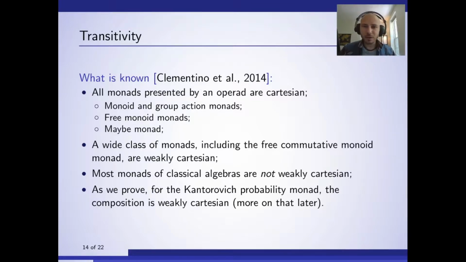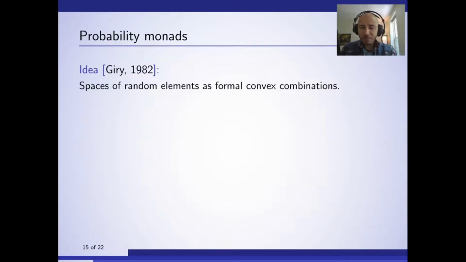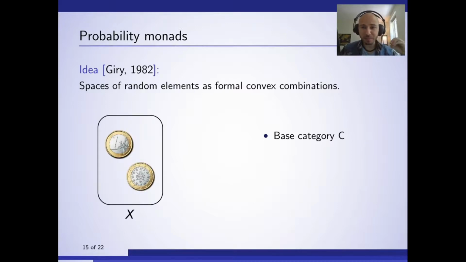Okay, let's talk for a little bit about probability monads. We've seen that monads can be seen as constructions encoding formal expressions. So in probability theory, you sometimes are interested in taking formal convex combinations or formal averages. You have a base category, could be sets, metric spaces, measurable spaces, whose objects you can think of as being spaces of possible states, in general deterministic states.